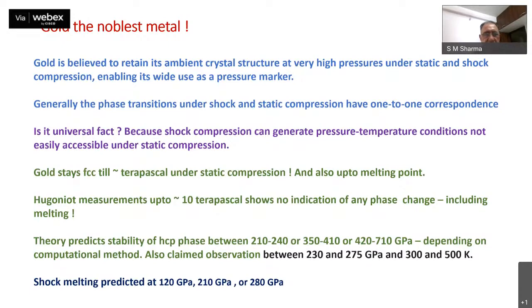See, generally, as I mentioned, and showed specifically in the other extreme example of graphite to diamond, the phase transition under shock and static compression generally have a one-to-one correspondence.